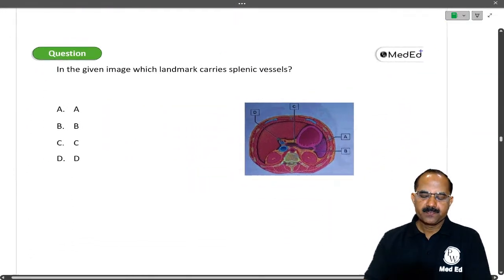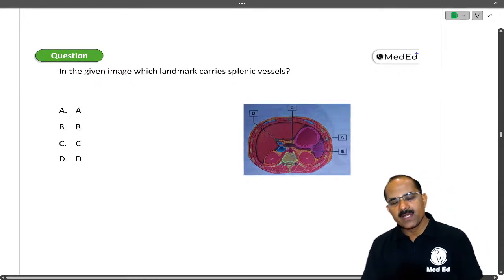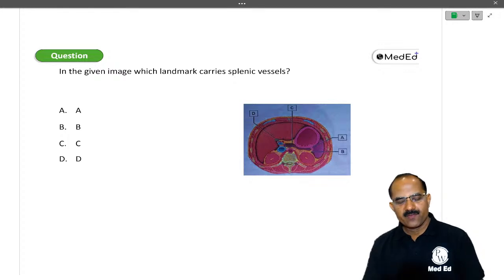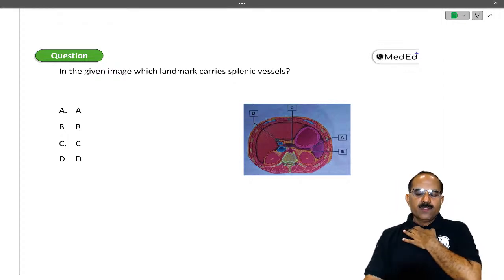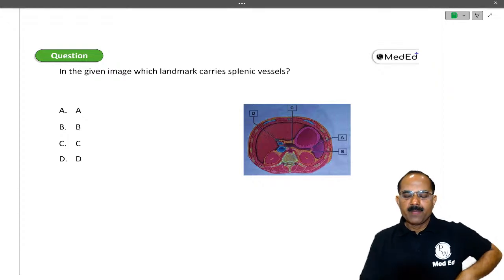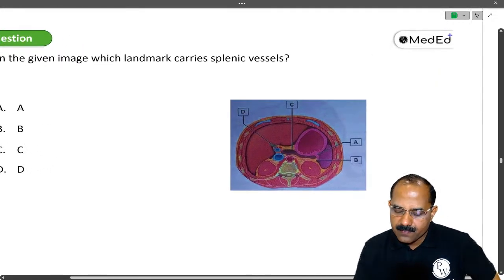चलो आंसर दिस. In the given image, which landmark carries splenic vessels? Anyone? Can anyone tell me this?